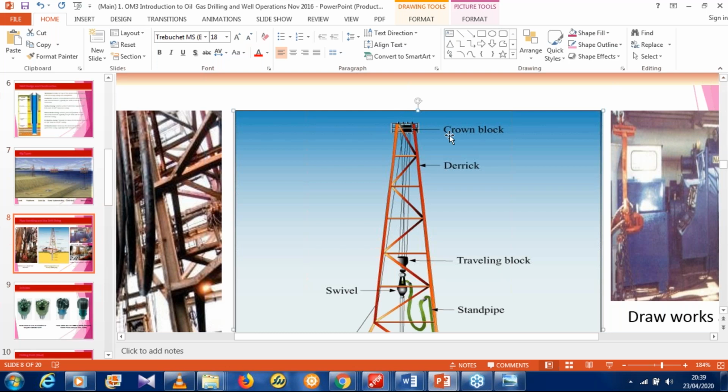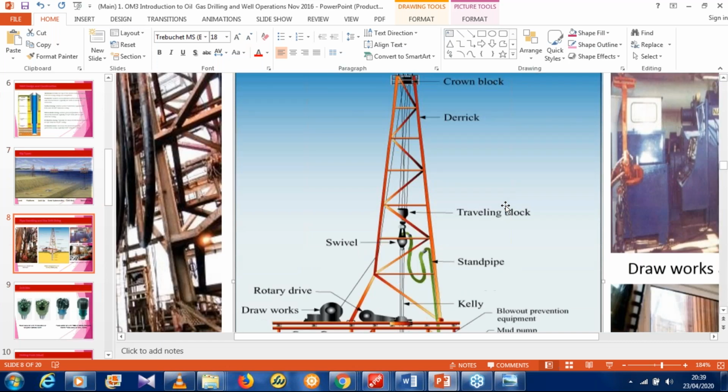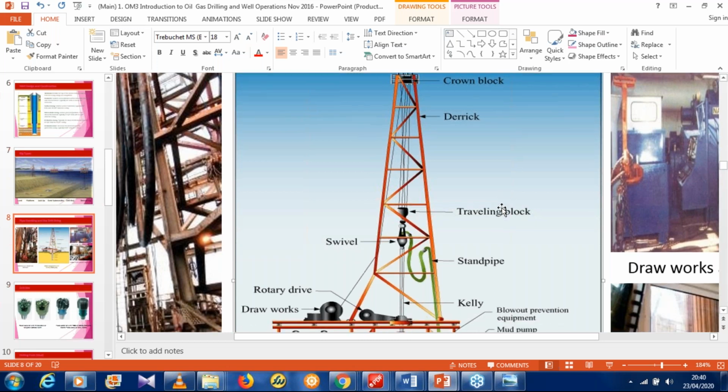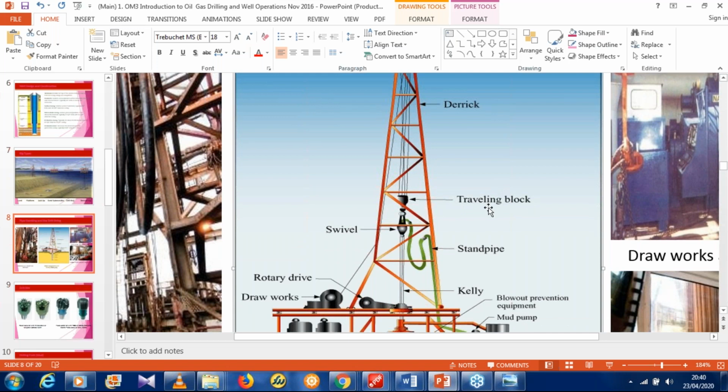It rises up to thousands of feet, or some hundreds of feet, as the case may be. Sometimes it could be as high as almost a skyscraper, an 11-story or 12-story building. All right. Then we have the traveling block.